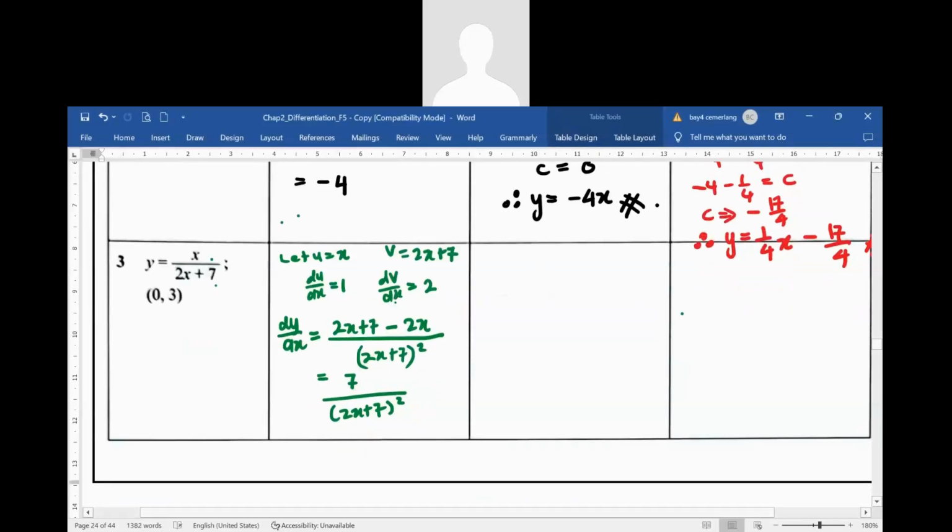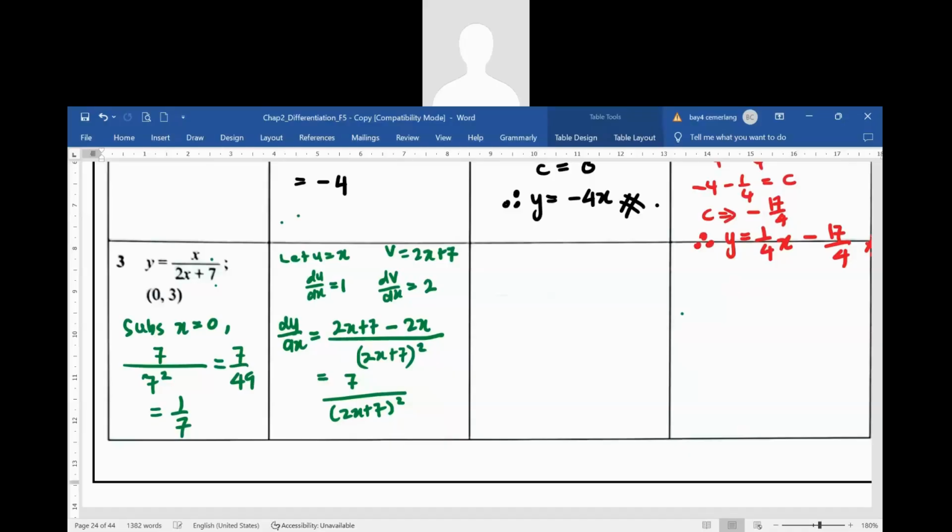But you need to substitute x equals 0. So 7 over 7 squared, right? 7 over 2 times 0 is 0, plus 7. 7 squared is 49. So 7 over 49, which is equal to 1 over 7. So your dy/dx is 1 over 7.